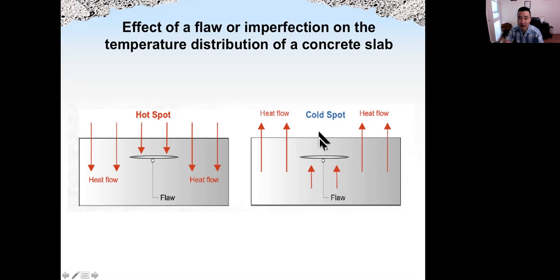Imagine we have a crack not horizontally but vertically, then the crack cannot effectively block the heat flow, so we may not see the hot spot or cold spot. This method can be used to check if we have any delamination or debonding between reinforcement and concrete, and check the general quality of concrete.